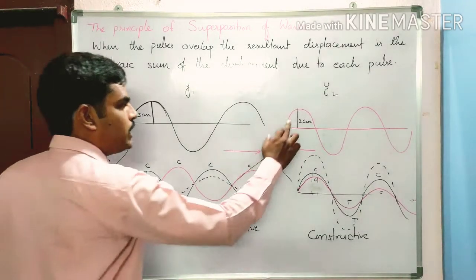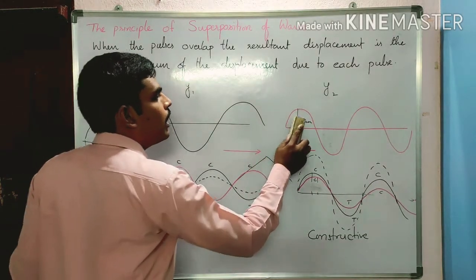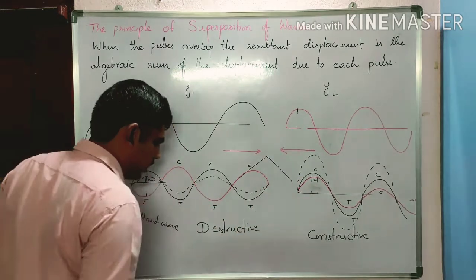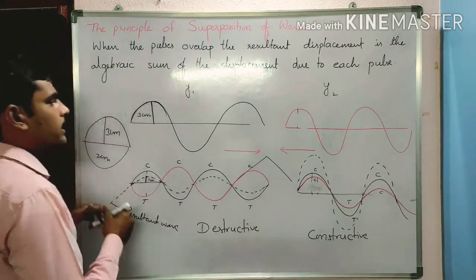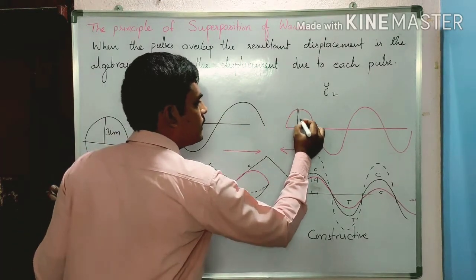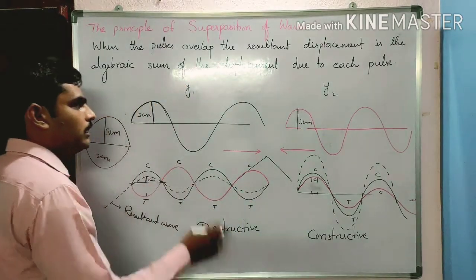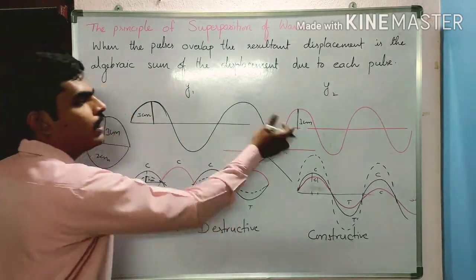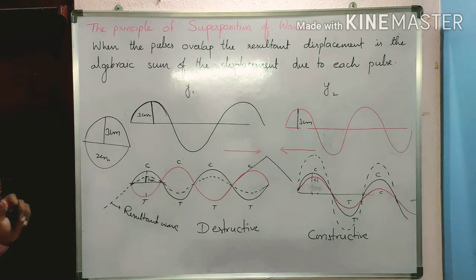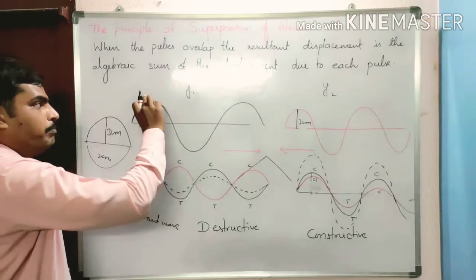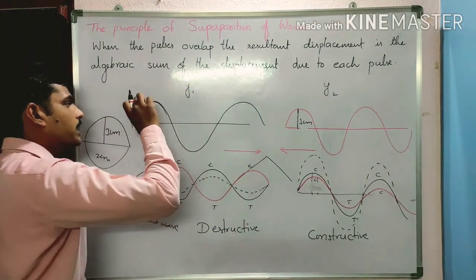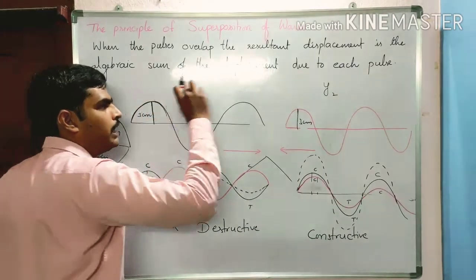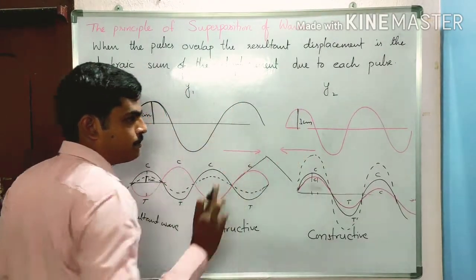Now imagine these two waves. These two waves are of the same displacement, 3 centimeters and 3 centimeters. Every pulse has the same displacement. Here the pulse has the 3 centimeter displacement. Here the pulse has the 3 centimeter displacement.